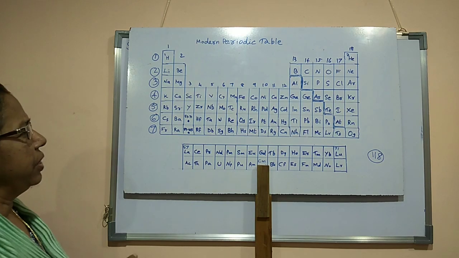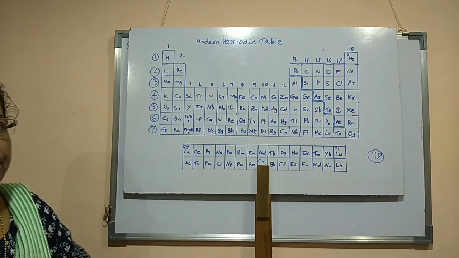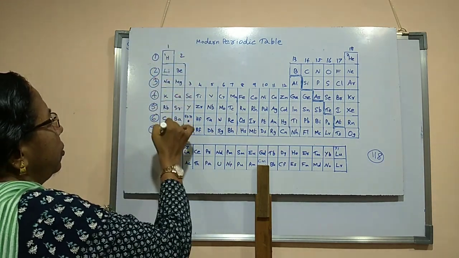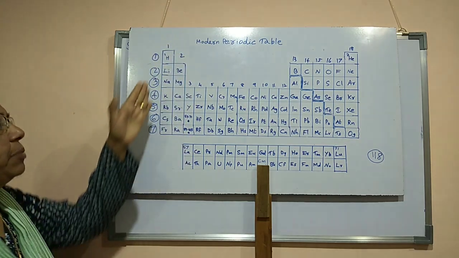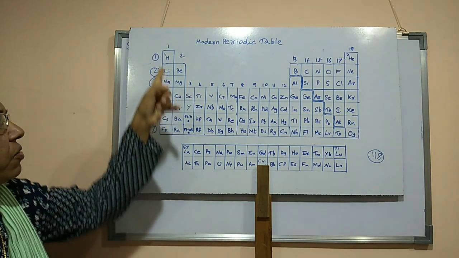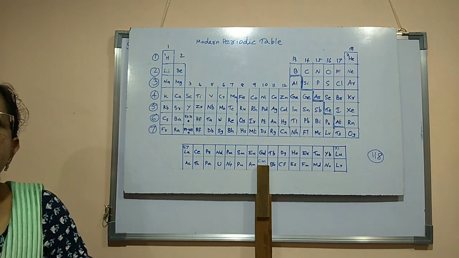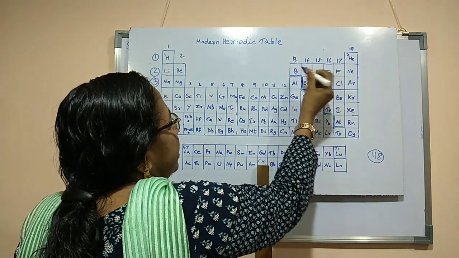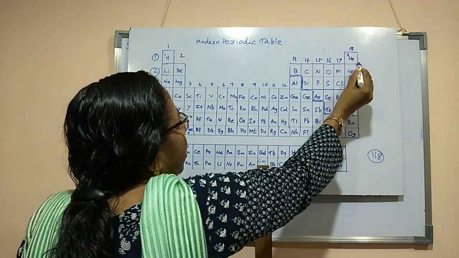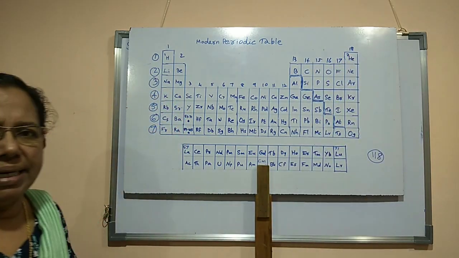Now again, some naming work we have to do. The first group and second group together we call S block elements. First group and second group elements are known as S block elements. Now this side, group 13 to group 18, are known as P block elements.